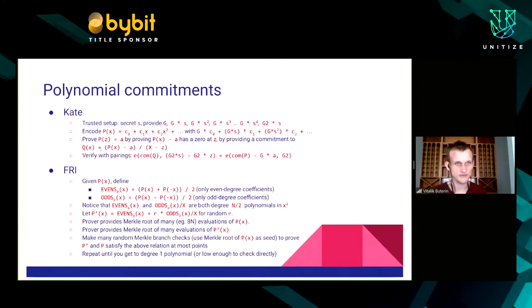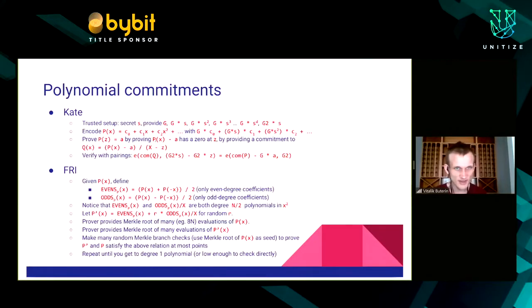So if you can provide a polynomial such that you multiply it by x minus z, and then add a, you get your p of x, and this proves that p of x equals a at this particular coordinate.